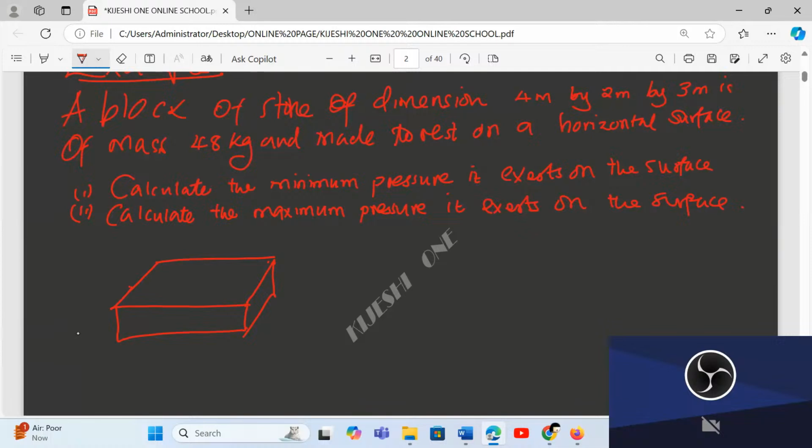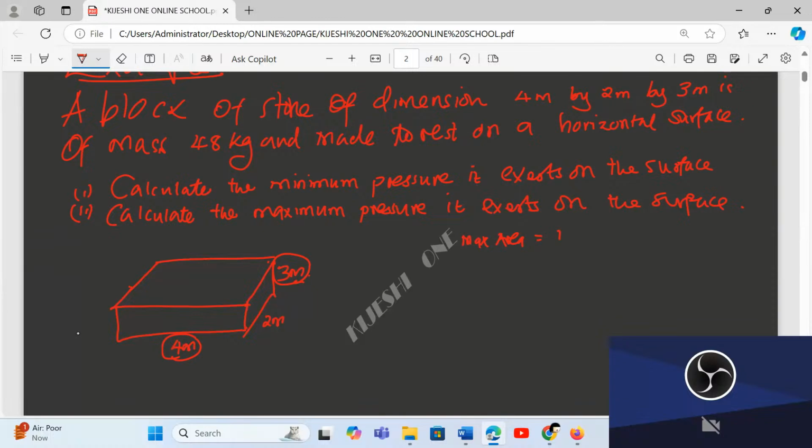It is 4 meters by 2 meters by 3 meters. So now, in this case, you can calculate the maximum area, which will be 4 times 3.